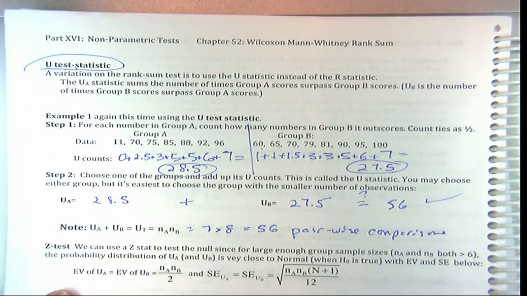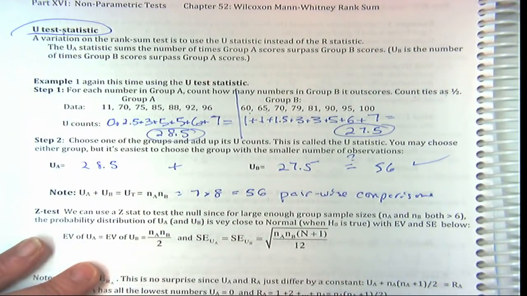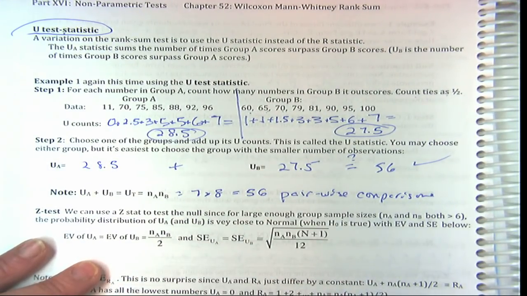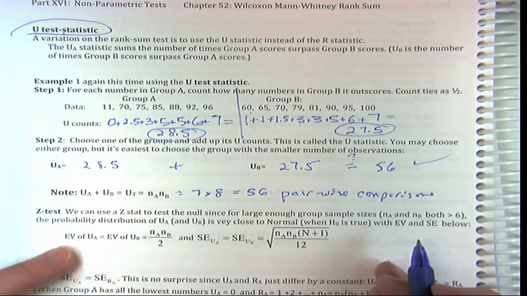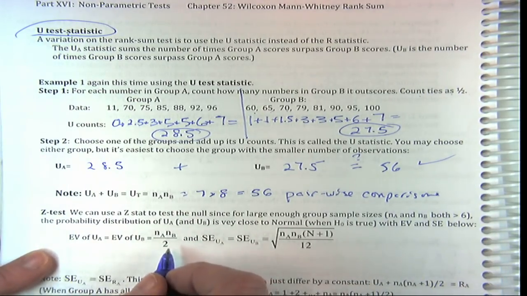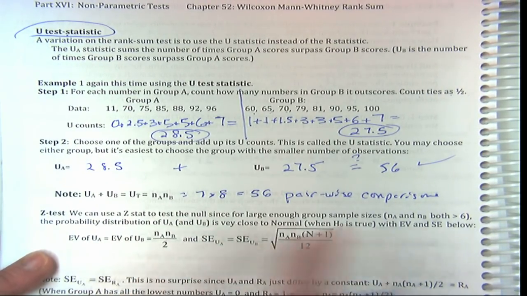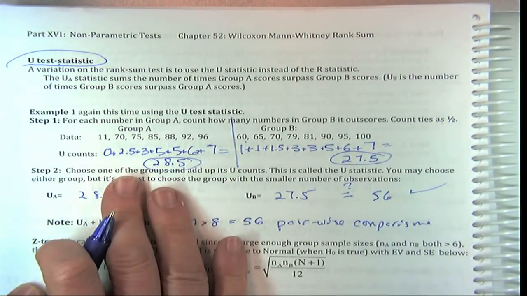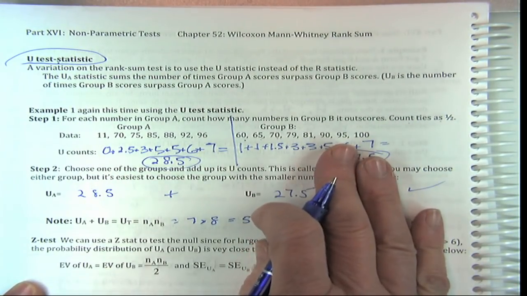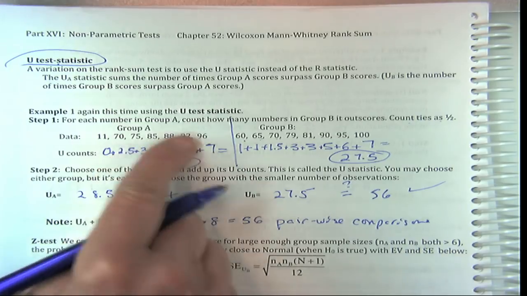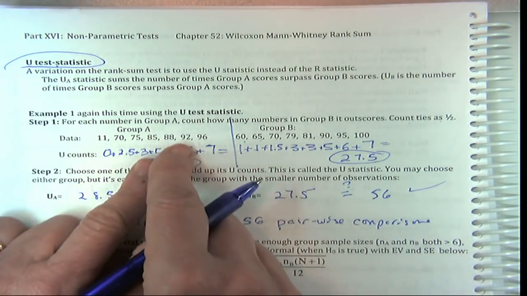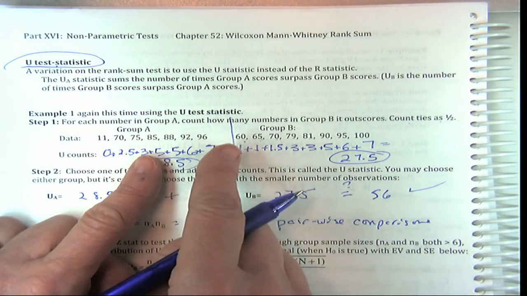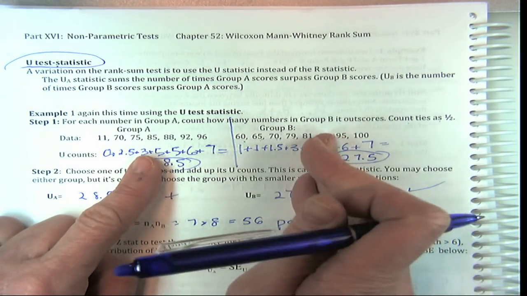All right, so now we can do exactly the same thing. Now, what's the expected value of the UA and the UB? Well, they're the same. And what they are is if you think half the matches would go to one team and half would go to the other. Even if there's only one player on this team, you'd expect they'd be in the middle of the pack and would beat 4 of the people and lose to 4 of the people.